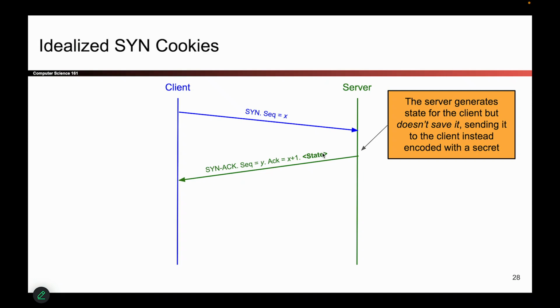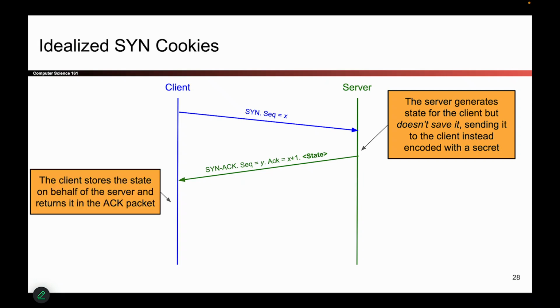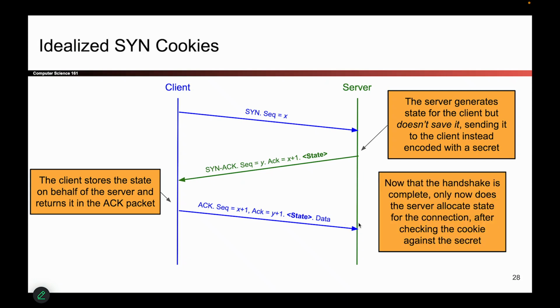You might be an attacker. So I'm going to send all this stuff back to you and make you remember it. And if you're a legitimate client, then you'll send that back to me as part of the final message in the handshake. And only now does the server agree to call malloc and start the connection legitimately.